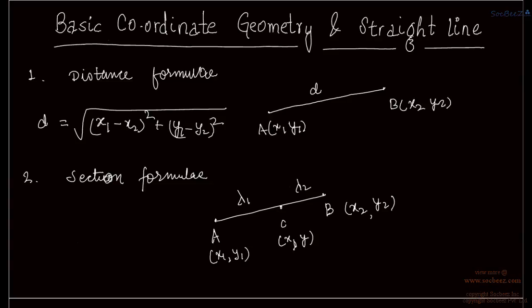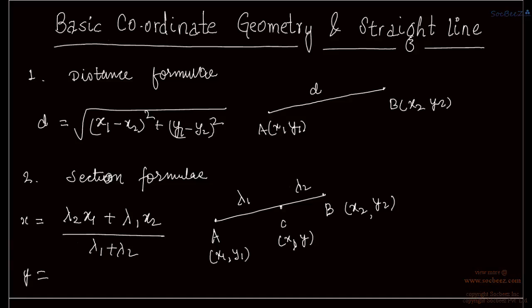Okay, so we can calculate x with the help of this: x is equal to (lambda 2 x1 plus lambda 1 x2) upon (lambda 1 plus lambda 2).